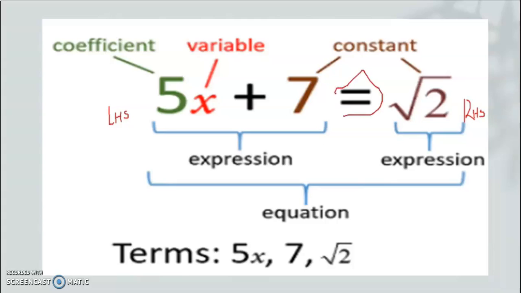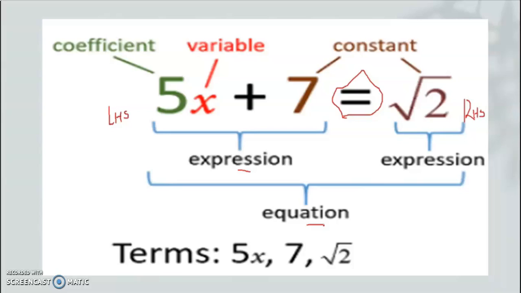And now you all might be asking me, what is the difference between the expression and the equation? What is the difference between them? You all might be thinking, right? So the difference between the expression and the equation is that the expression might not have an equality sign, but an equation always and must have an equality sign.